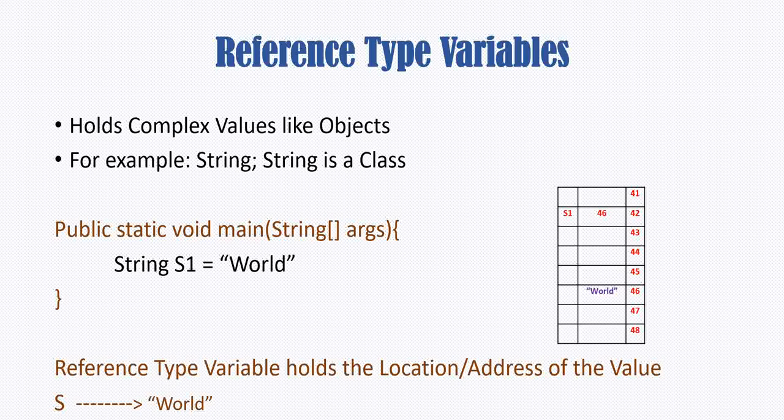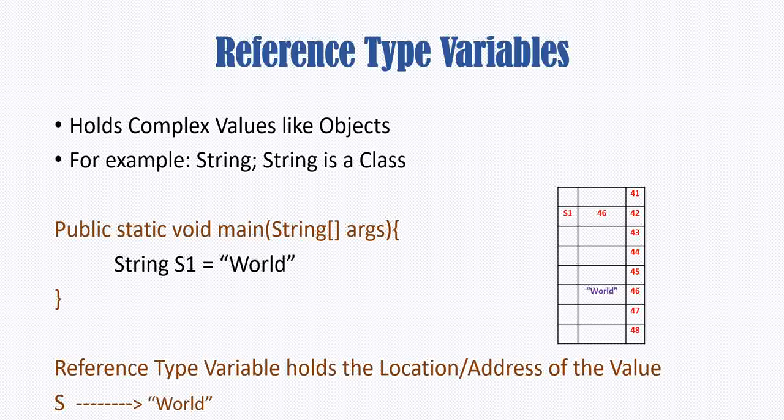If we take a look at the heap table here, we see that s1 is created in slot 42. It is not storing the word world. Instead, it is storing the address of the slot that contains the data world. We see world is stored in slot number 46, and s1 contains the address of slot number 46, which is 46.